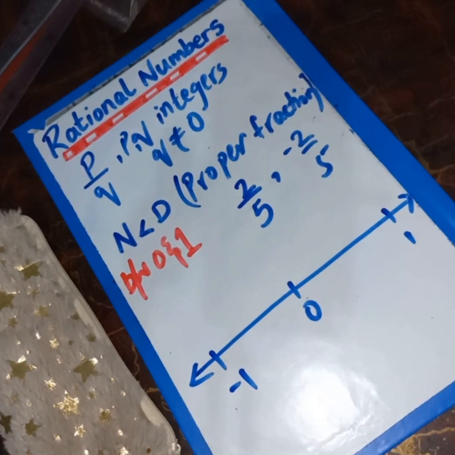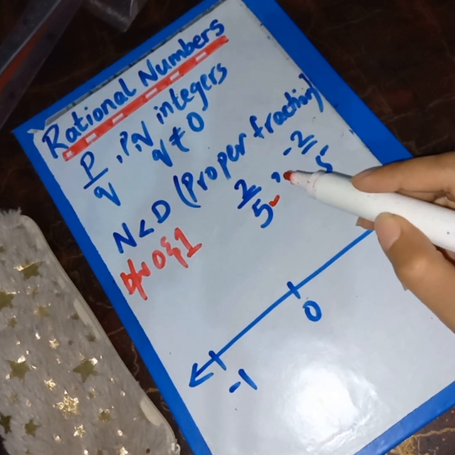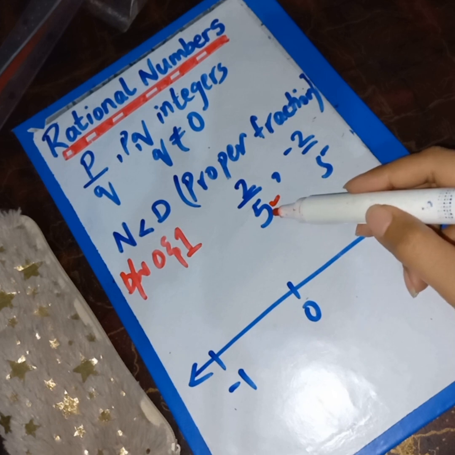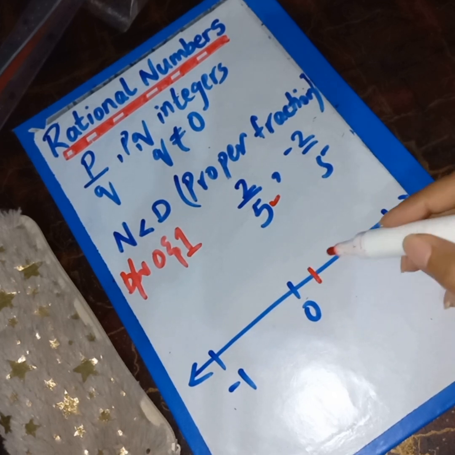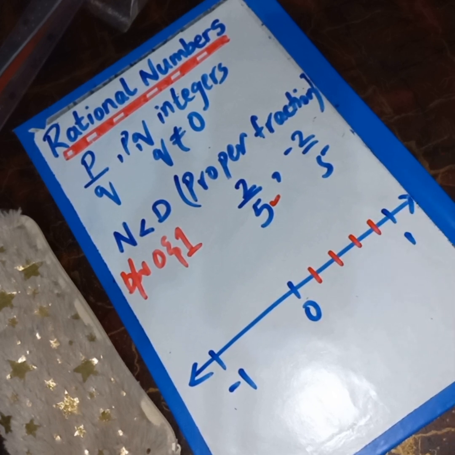Now as I told you, the denominator will tell you the number of equal parts. There is 5 written over here in the denominator, so you have to make 5 equal parts between 0 and 1. If I draw 4 lines over here, it will give me 5 equal parts. I have drawn 1 2 3 4, and it gave me 1 2 3 4 5 equal parts.